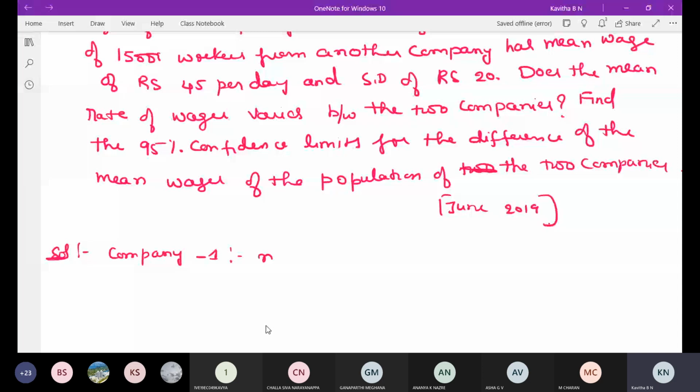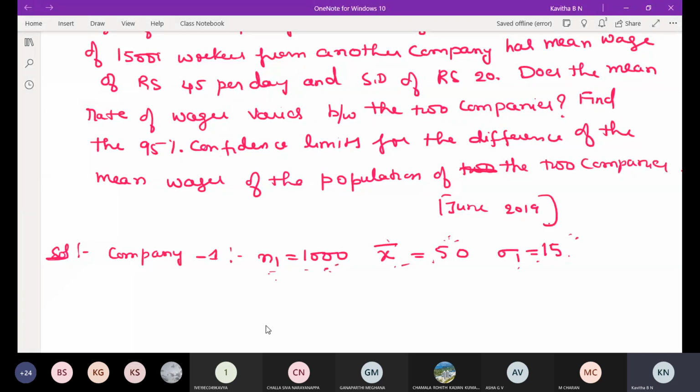The mean of the wages is given here, x1 bar is 50 rupees per day, and the standard deviation sigma 1 is 15. Company 1 wages are given: x1 bar is 50, standard deviation is 15, and the number of workers is 1,000.